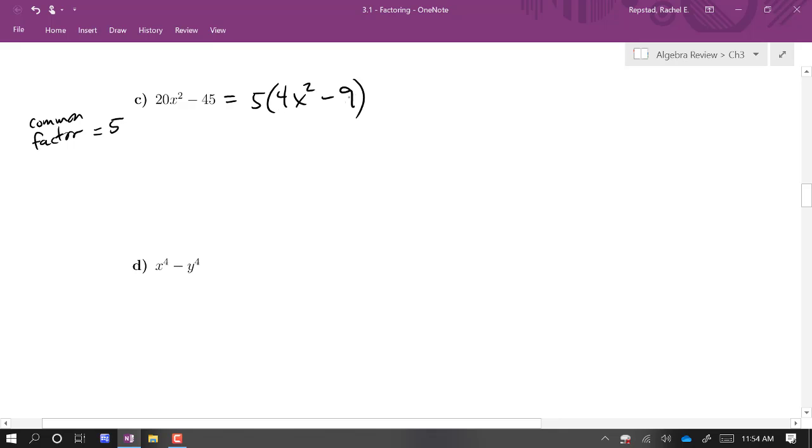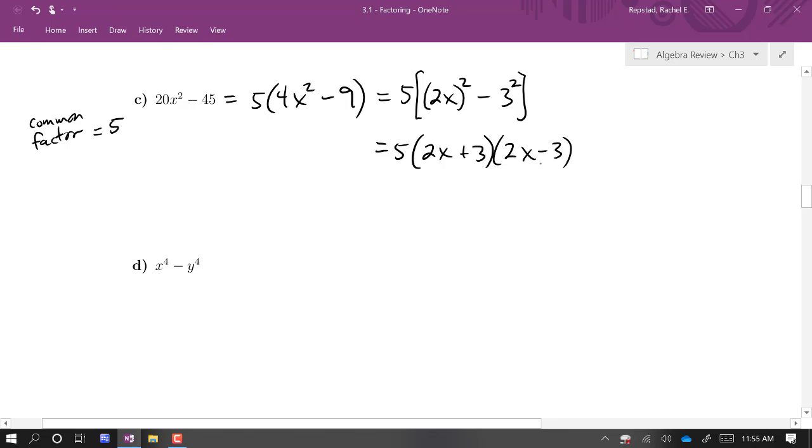So the 4x squared minus 9 can factor further, and I'm going to do that. 4x squared is the square of 2x, and 9 is 3 squared. So this will factor as 2x plus 3, 2x minus 3, and then of course I bring down that factor of 5, right? That comes with us. And that is as far as we can go.